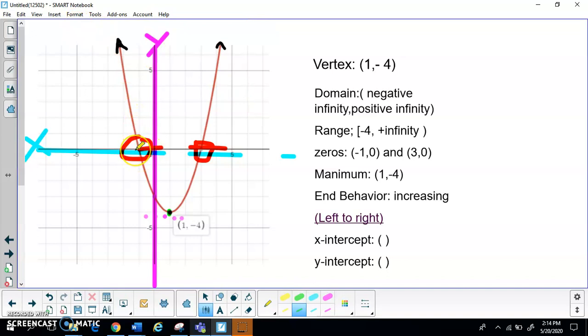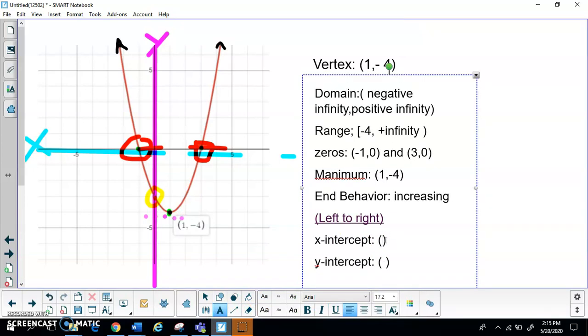So there are two x-intercepts in this case, which are also your zeros. This is your x-intercept here, and this is also your x-intercept here. However, your y-intercept is this point right here.